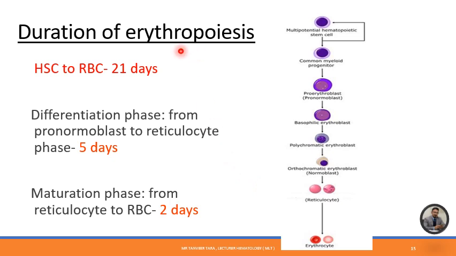So this is the duration of erythropoiesis, and the whole process takes about 21 days. The last stage, from reticulocyte to erythrocyte, takes only 2 days.